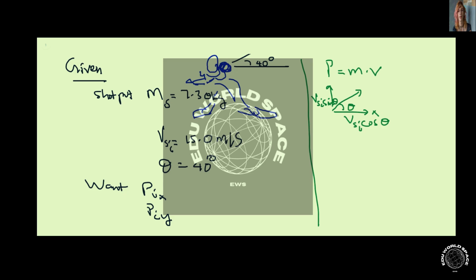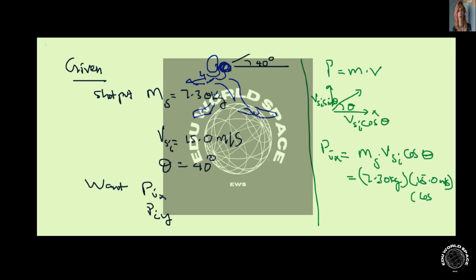So the initial momentum in the x becomes the mass of the shot put times its velocity in the x direction: the mass is 7.3 kilograms, the velocity is 15 meters per second, multiplied by cosine of theta, where theta is 40 degrees.